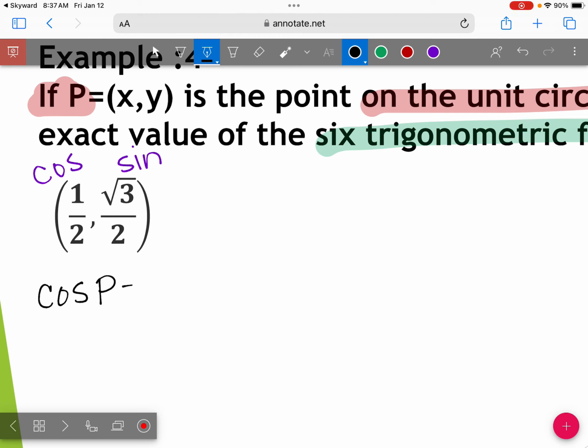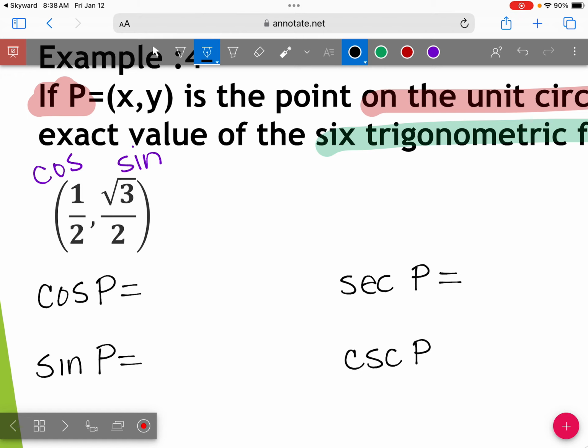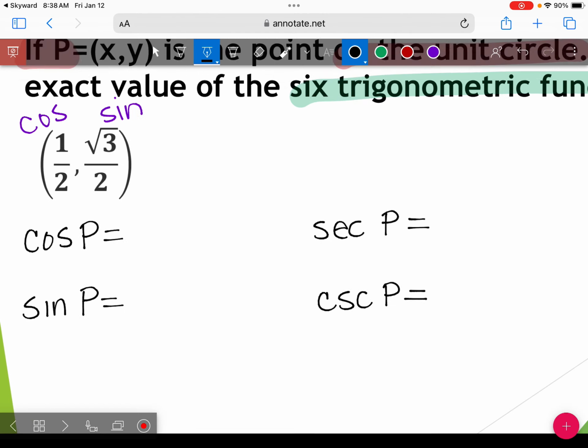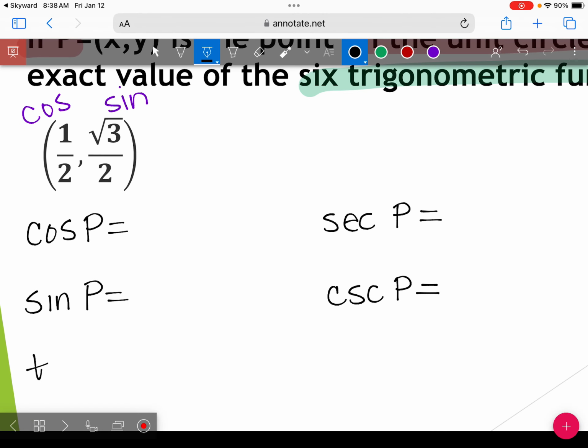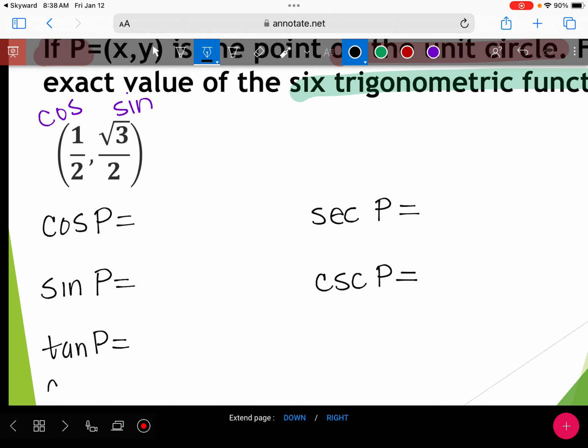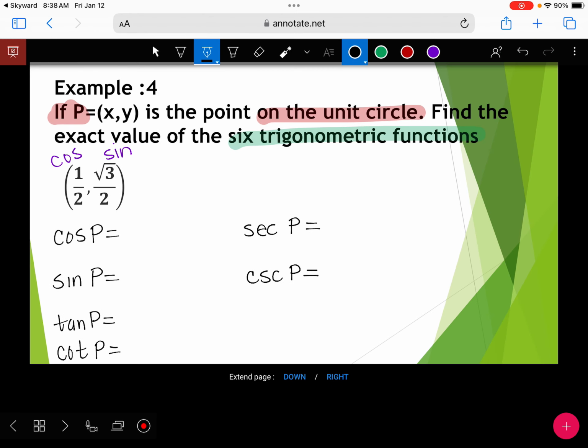You're going to find the cosine of angle P, the sine of angle P, and then you're going to find the secant, the cosecant, and then lastly the tangent and the cotangent. All right, so take a couple minutes and answer those questions, and then we'll be done for today.